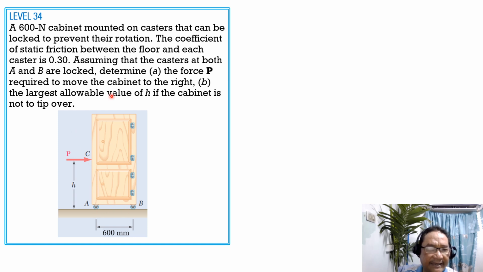So we have a 600 Newton cabinet which is mounted on casters, and these casters in this problem are locked. So therefore, if they are locked, then friction will be that due to slipping, so mu sub s times normal.